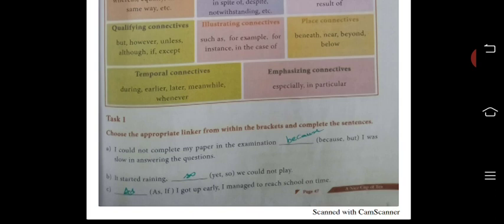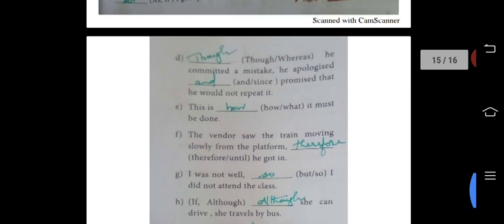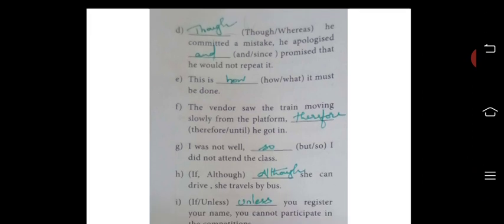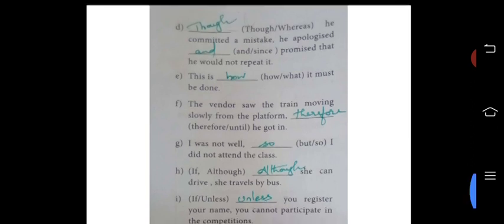And then as I got up early, I managed, again reason. As I got up early, I managed to reach school on time. And then though, although, even though, where we use for contrast ideas. Though he committed a mistake, he apologized and promised that he would not repeat it.